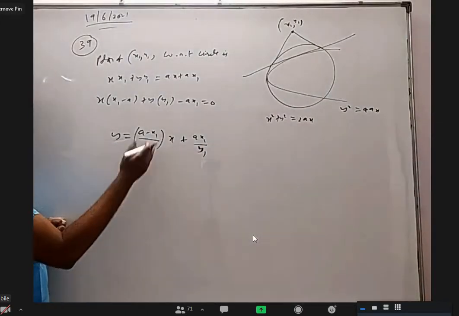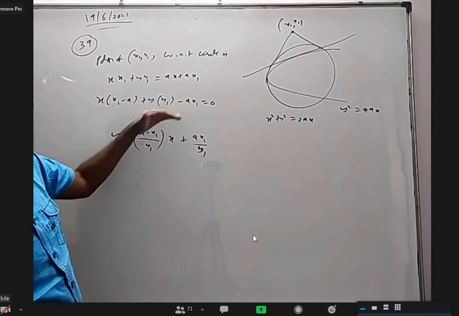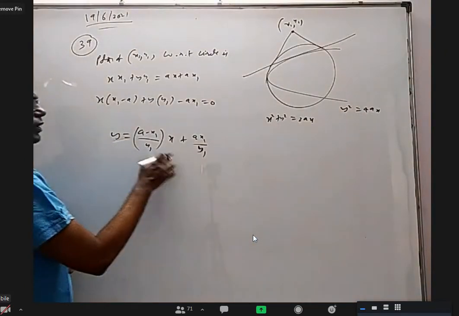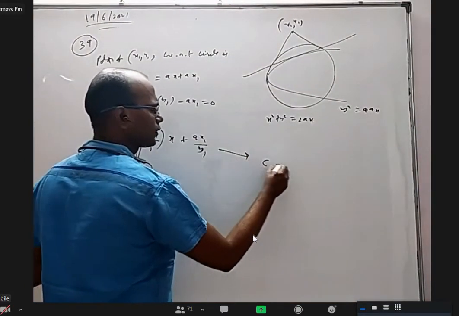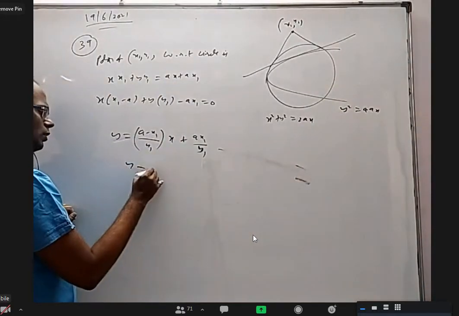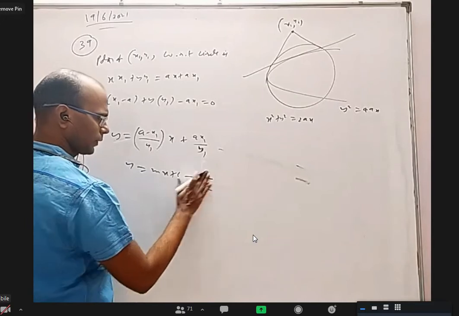You can write y = mx + c. Either way is okay, both are the same. Now, what should this line be? Tangent to the parabola. For a line in the form y = mx + c to be tangent to the parabola, I have to use the formula c = a by m.